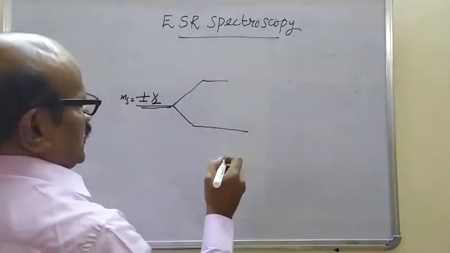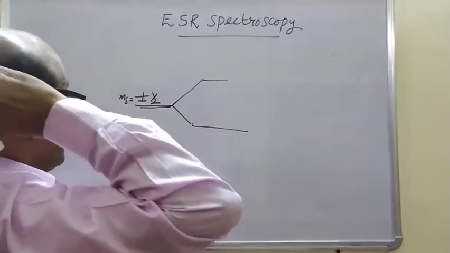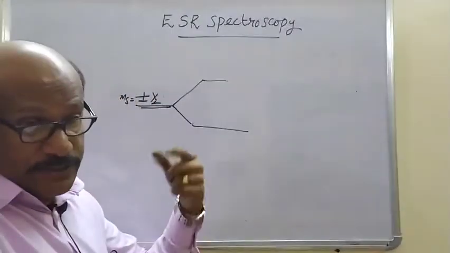One is of lower energy, and you know that we have an energy of interaction that is causing the splitting.